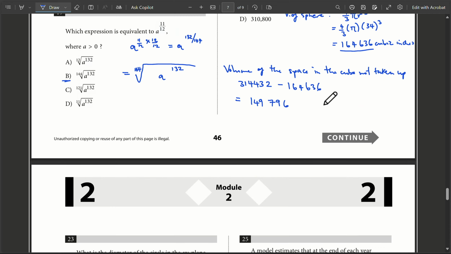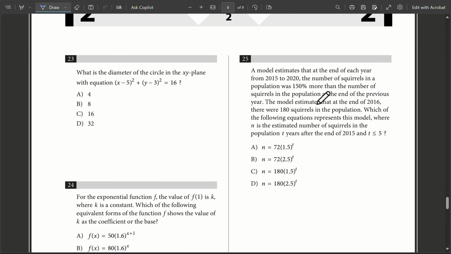Okay, so moving on to number 23. What is the diameter of the circle in the xy plane with the equation x minus 5 squared plus y minus 3 squared is equal to 16?